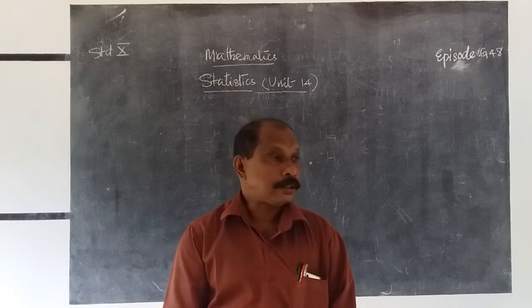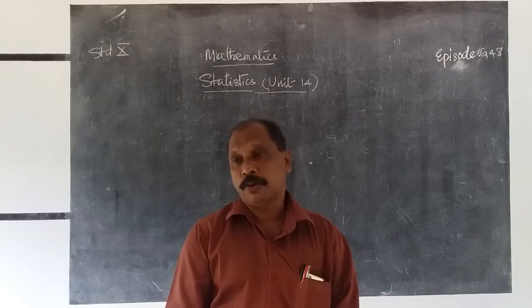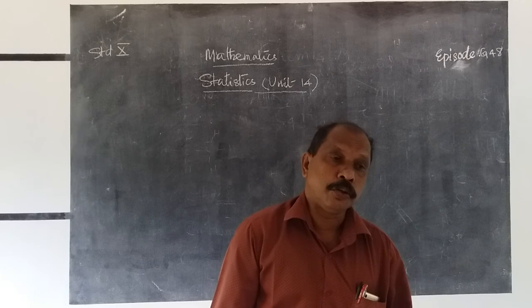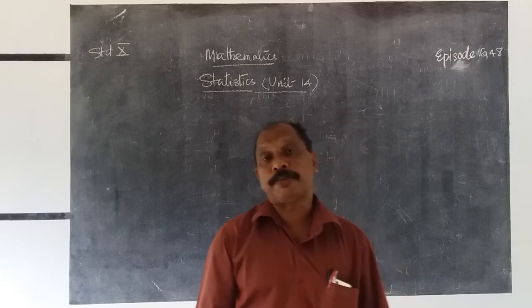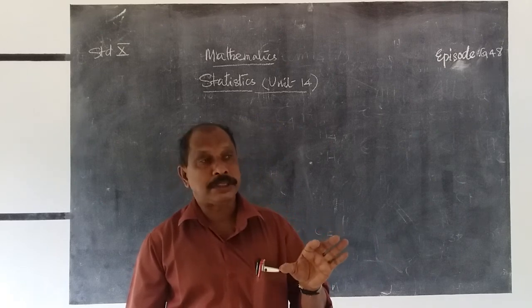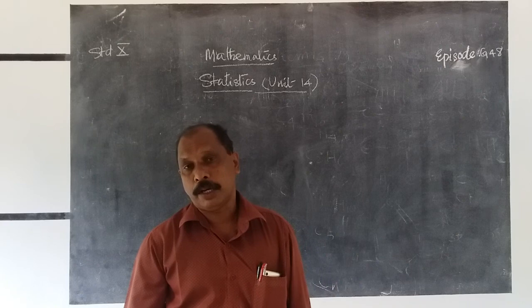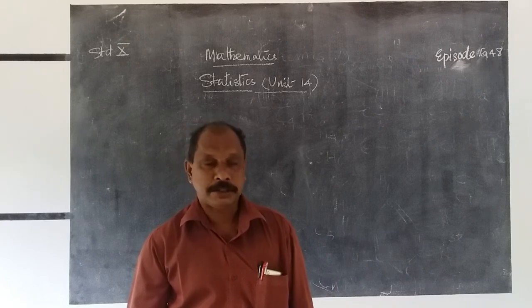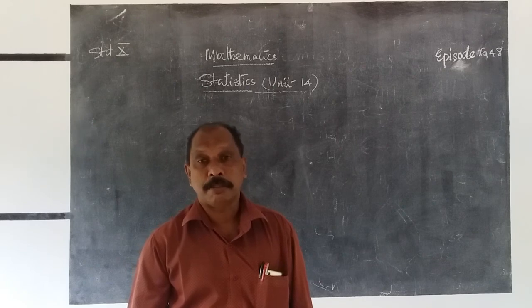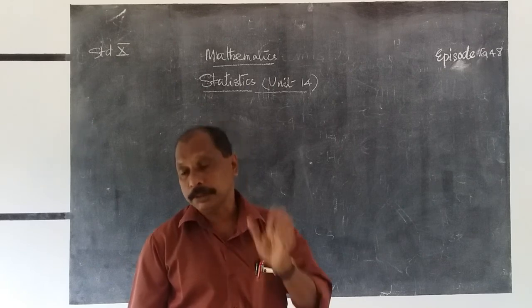Similarly, when there are several numerical values in a group, we take the sum of the numerical values, and that sum is divided by the total number of values. That is a representative, known as the arithmetic mean, or simply the mean.